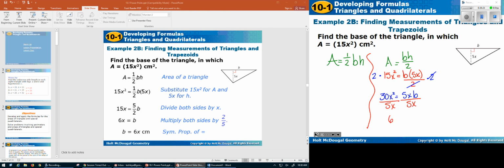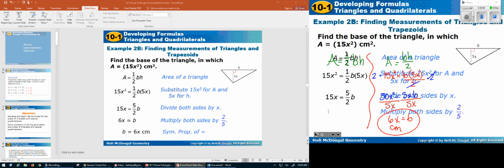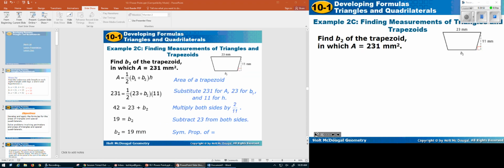It's 6, and then x squared divided by x is just x. So the base is equal to 6x, and what are our units? Just centimeters, right? Not squared because we're not finding the area. Not too bad, right? Okay, just got to be careful with the algebra there and making sure you're understanding what am I solving for? The b, not the x.